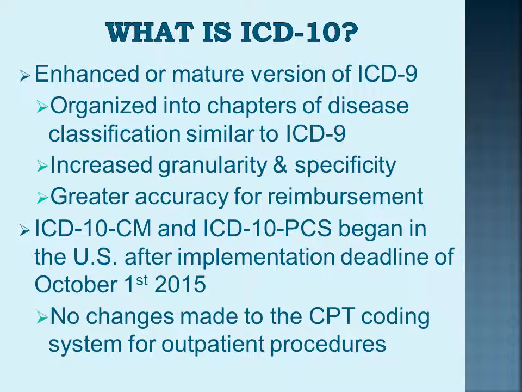ICD-10-CM and PCS both began in the U.S. after the implementation deadline of October 1, 2015. It's important to note that no changes were made to the CPT coding system for outpatient procedures done in the office setting.